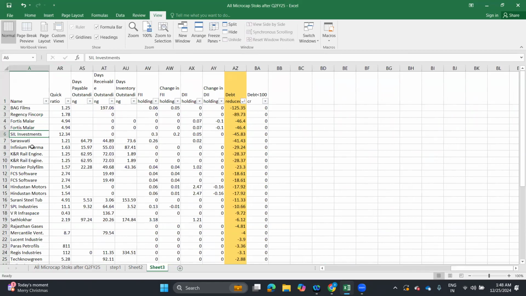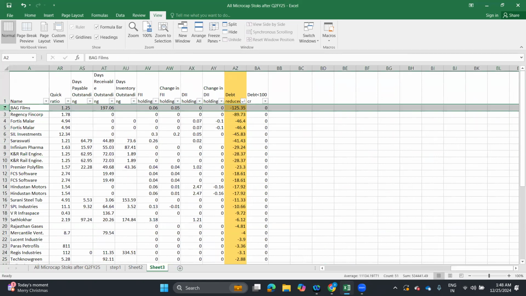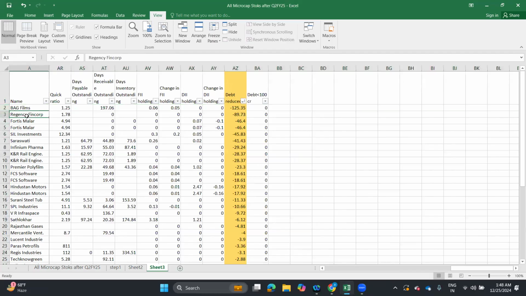These companies have reduced debt to become zero. But Back Films and Regency FinCorp, these two companies had higher numbers, meaning they have repaid a larger amount of debt to become debt free.